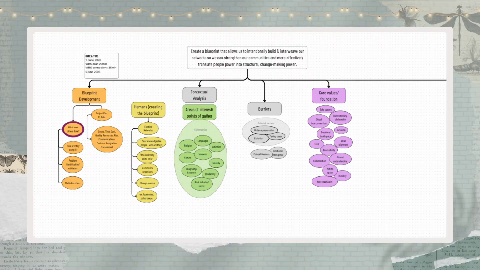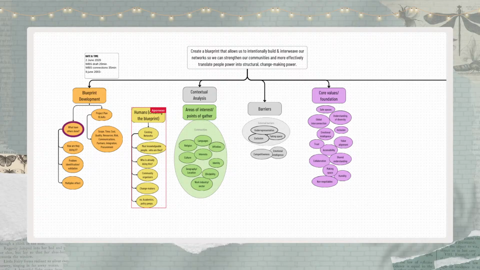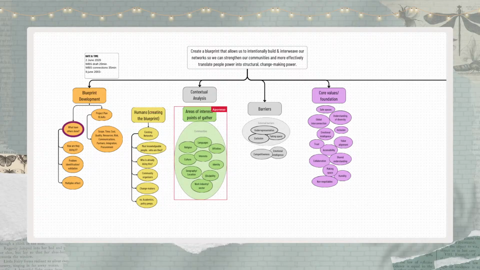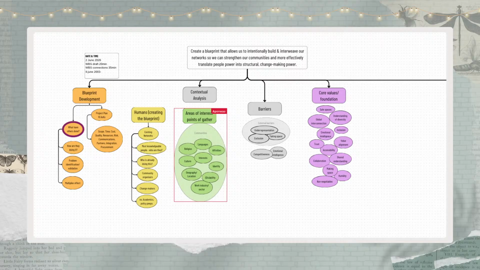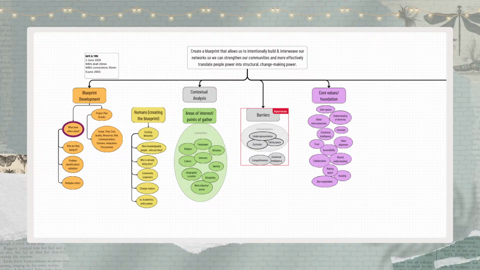Well, because when we're thinking about these three areas, I feel like, yes, green and gray will in some way also be a part of the output in terms of considering communities and considering barriers.